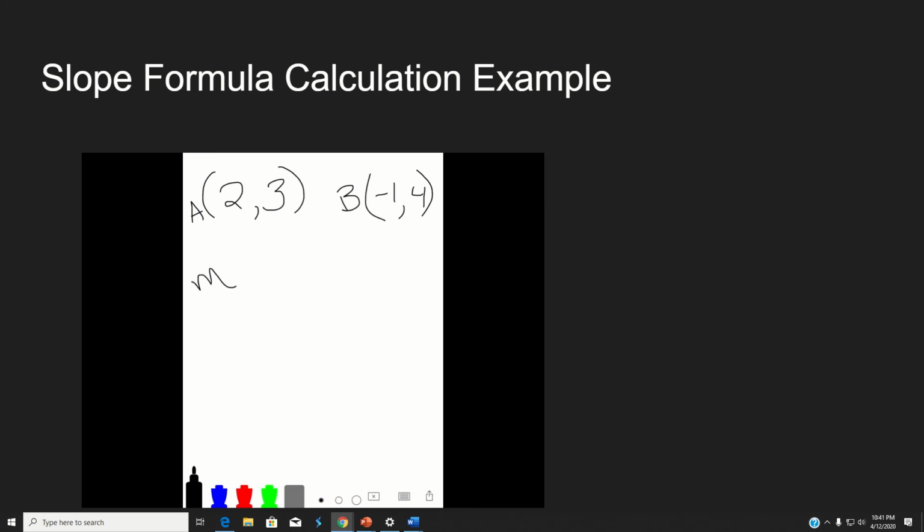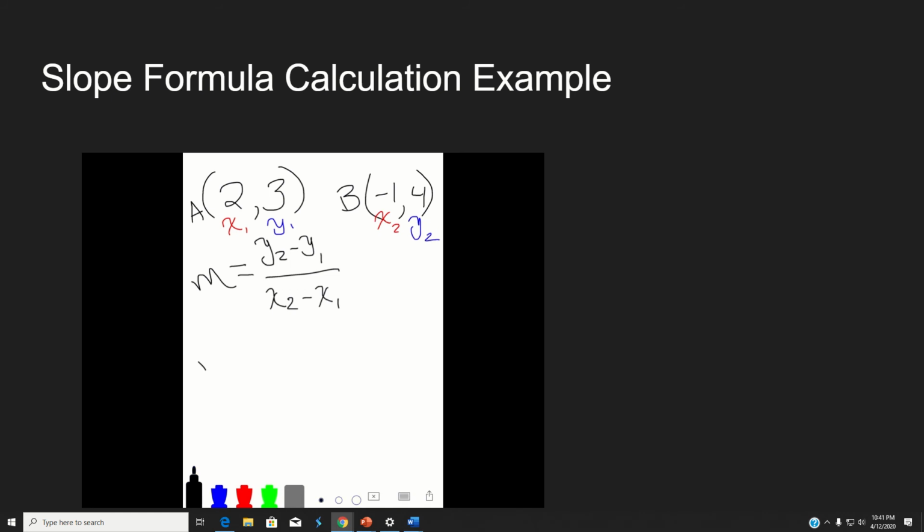So let's say that m equals, this will be the slope formula, (y2 − y1) divided by (x2 − x1). And as you can see, we have x1 and y1 here and x2 and y2 on the other point.